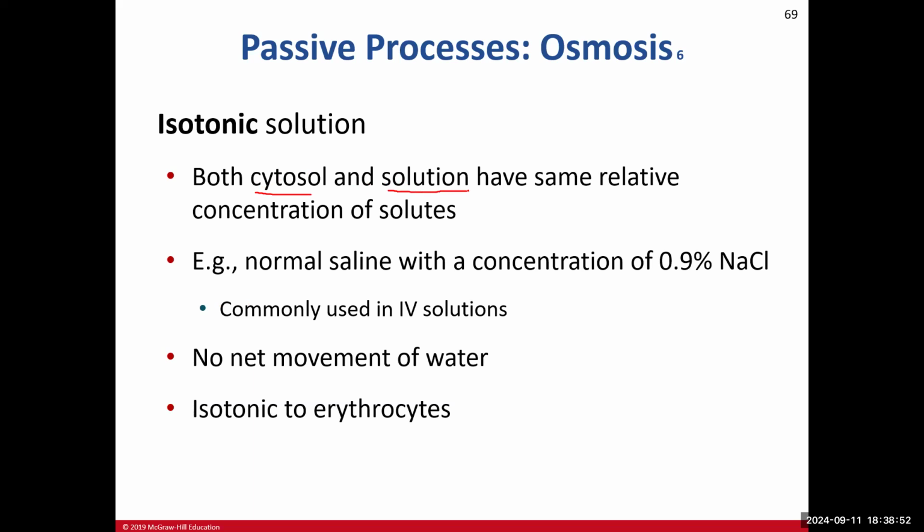So if you have the same number of solutes inside the cell and the same number of solutes outside the cell, what's water going to do? It's going to stay in place. It's not going to go anywhere, right? Because it has equal amounts. And in that case, normally then you'll have equal amounts of water on either side. So when you have equilibrium, everything is, I won't say happy, but you're not going to see much occurring there.